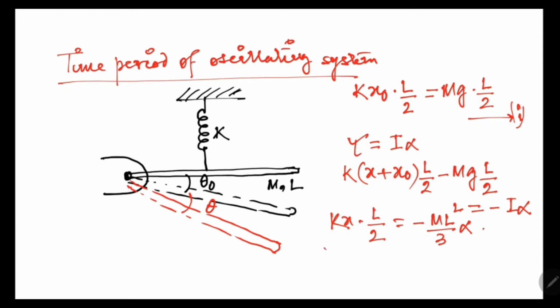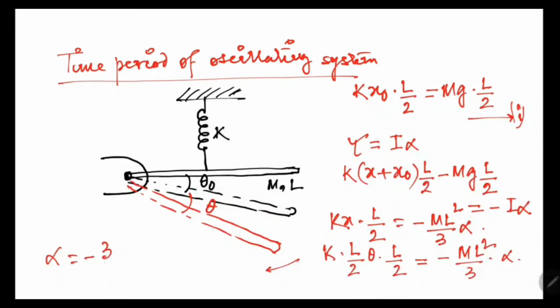So k into L by 2 into theta into L by 2 equals minus ml square by 3 into alpha. Therefore, alpha equals minus 3 by 4 into k by m into theta. Here this L by 2 into theta is the value of x. Here the negative sign shows that the restoring force is opposite to the displacement.